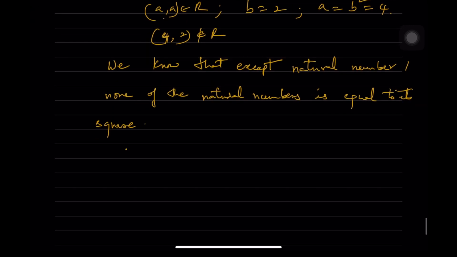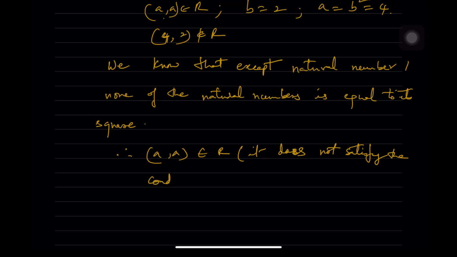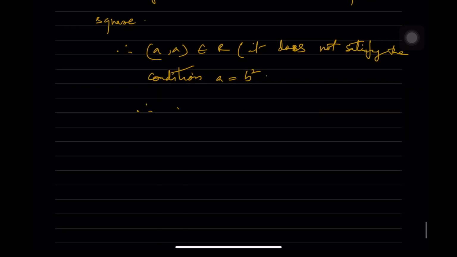So therefore (a, a) does not belong to R. It does not satisfy the condition a is equal to b square. So therefore this statement is a false statement. (a, a) belongs to R is false.